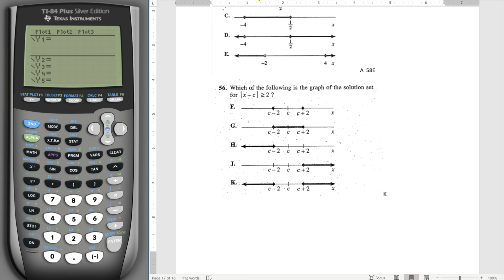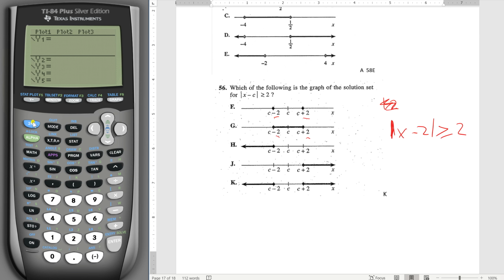And we can see here it's all like 2's and 2's. So if we make c equal 2, right? So we'll get x minus 2 is greater than or equal to 2. That should give us what we need, but let me just see it.